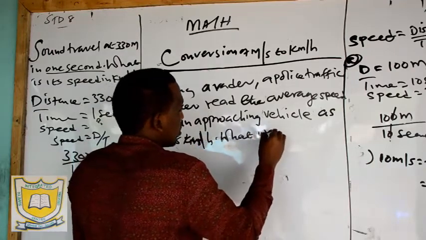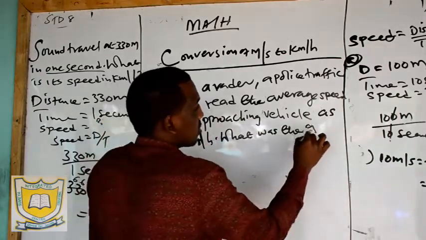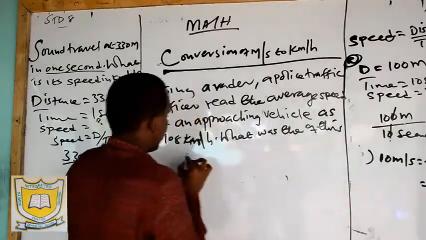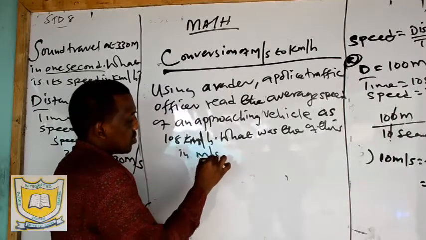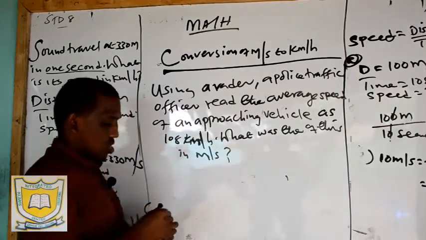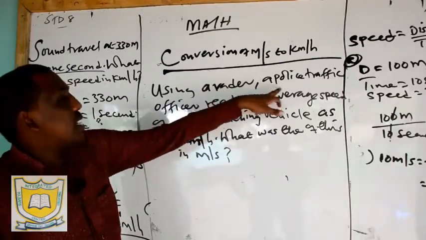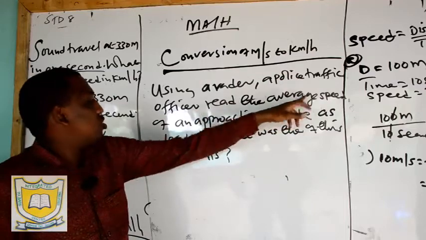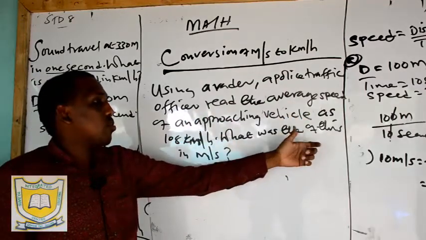What was the speed of this car in meters per second? So you are told using a radar, a police traffic officer read an average speed of an approaching vehicle as 108 kilometers per hour.